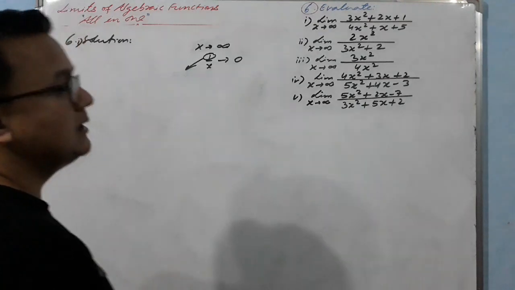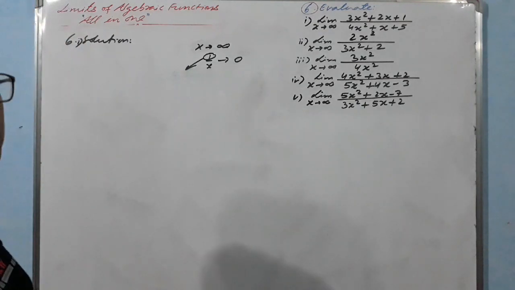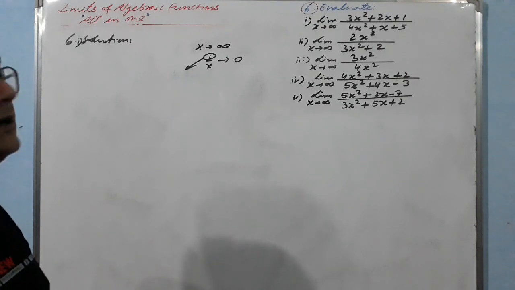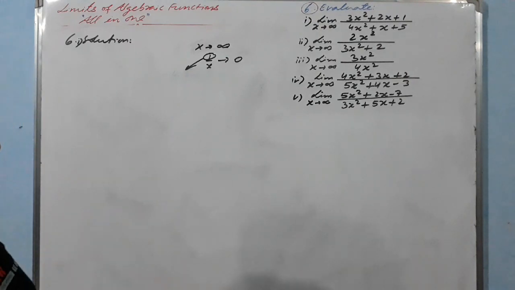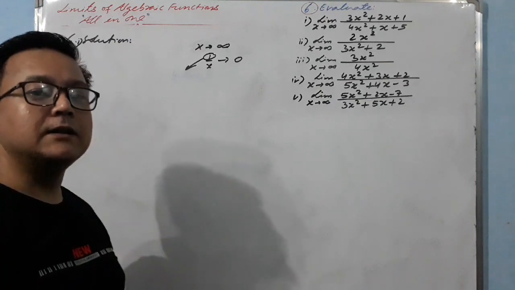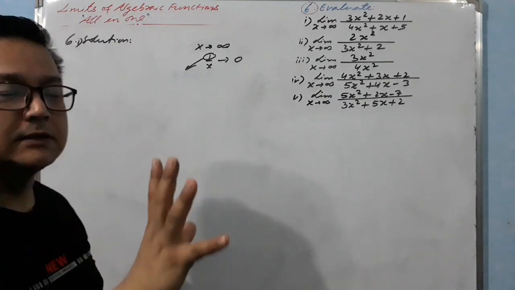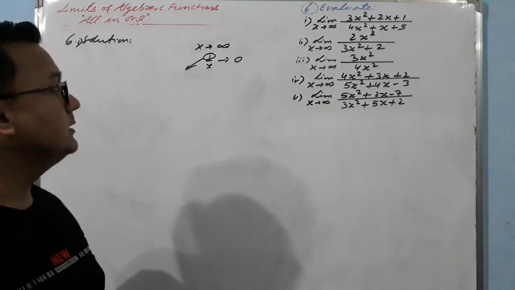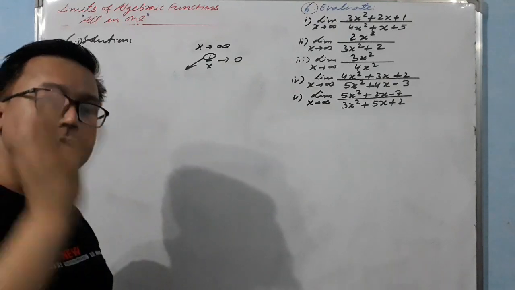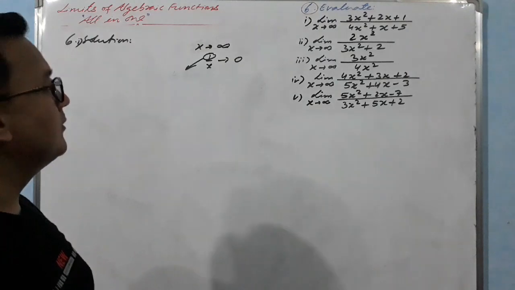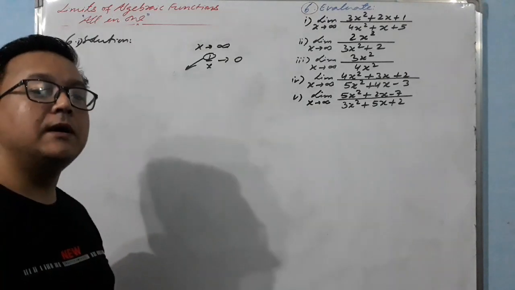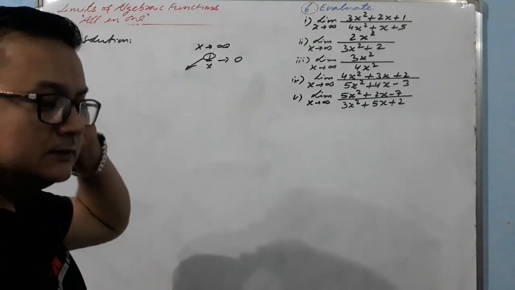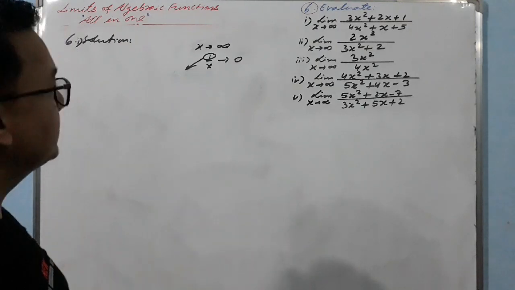Infinity times any non-zero real number is infinity. Infinity plus any real number is infinity. Infinity minus any real number is infinity. Infinity divided by any real number is infinity.